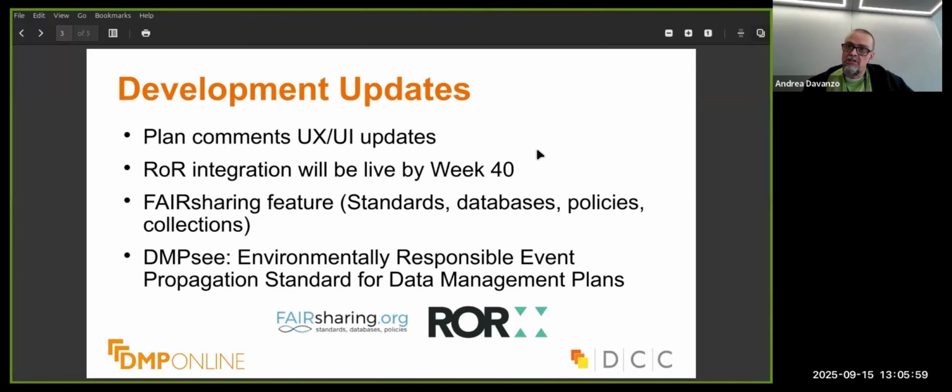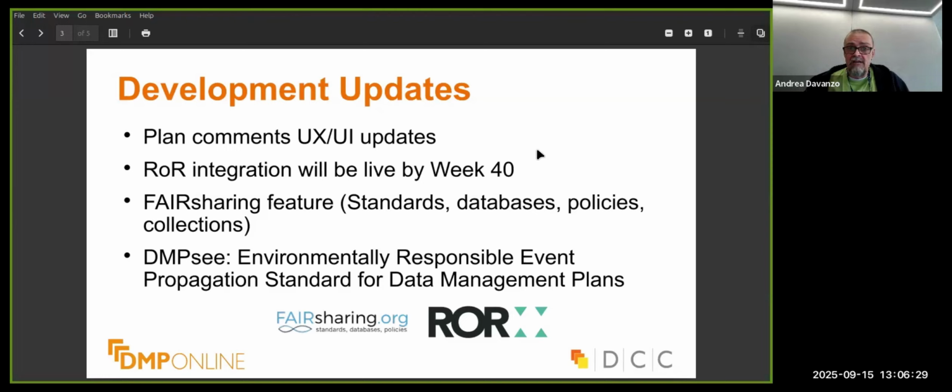So if I try to register a new account using, for example, ed.ac.uk, I will be associated automatically to the University of Edinburgh account. This work is done thanks to the integration of the ROR database, of which we have an extended version that we have integrated with other features.